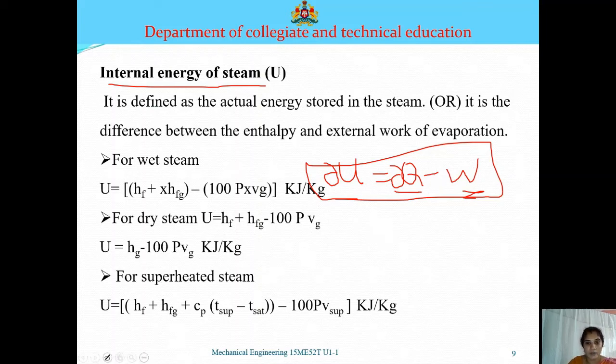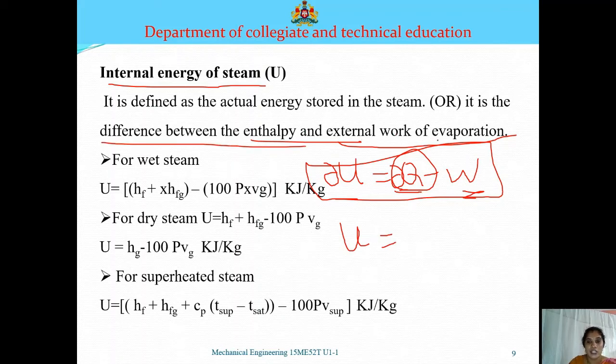The same thing we are going to apply here. The quantity of heat is expressed as the enthalpy, and the work as the external work of evaporation. Therefore, the internal energy can be defined as the difference between the enthalpy and the external work done. This is termed the internal energy of steam.